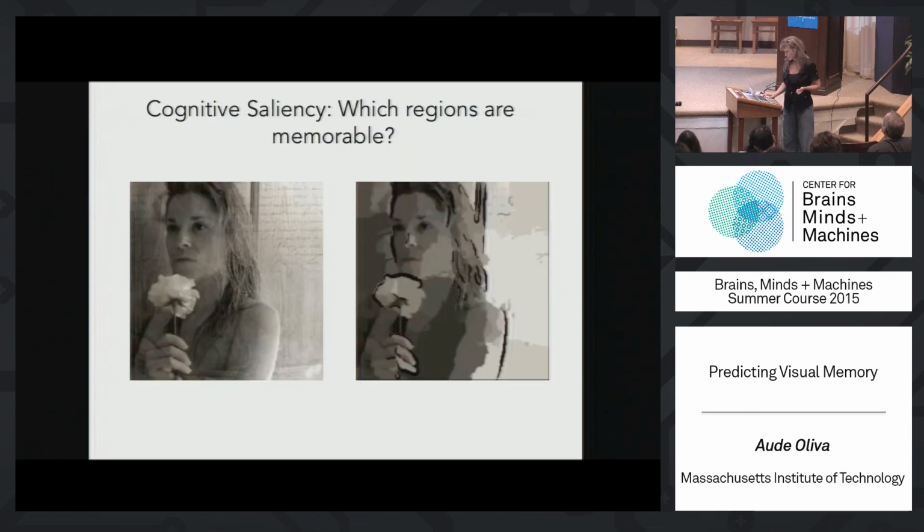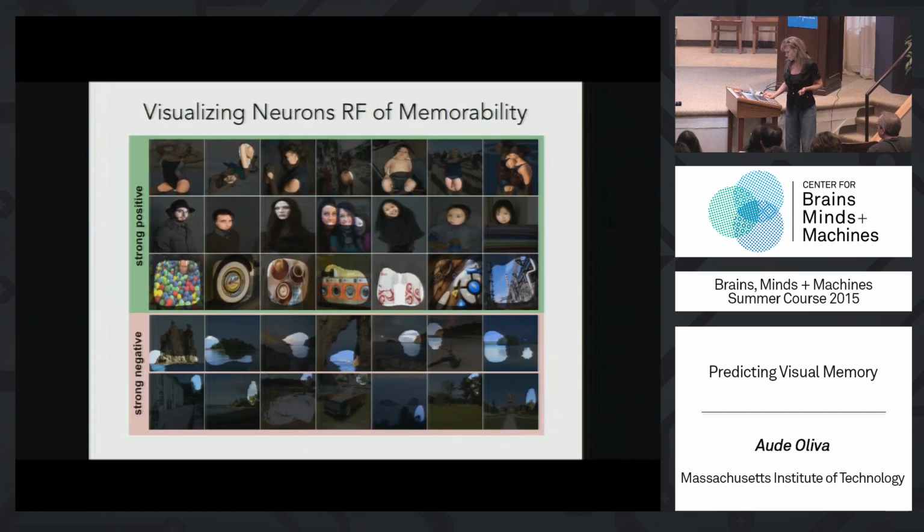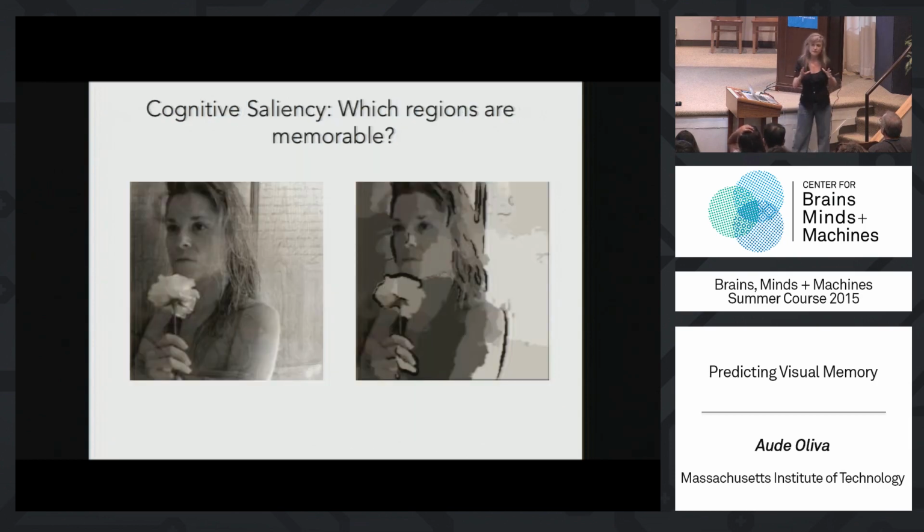And so the last part is, now that we do have this model that spits out responses at the level of humans and indicates the parts that are related to higher memory and lower memory, at least as a guideline, then we can go back to a given image and emphasize the part that corresponds to the high memorability receptive fields, and de-emphasize the part corresponding to the forgettable receptive fields.